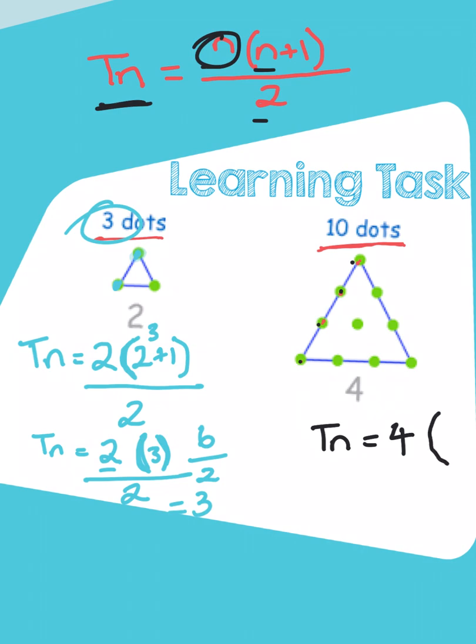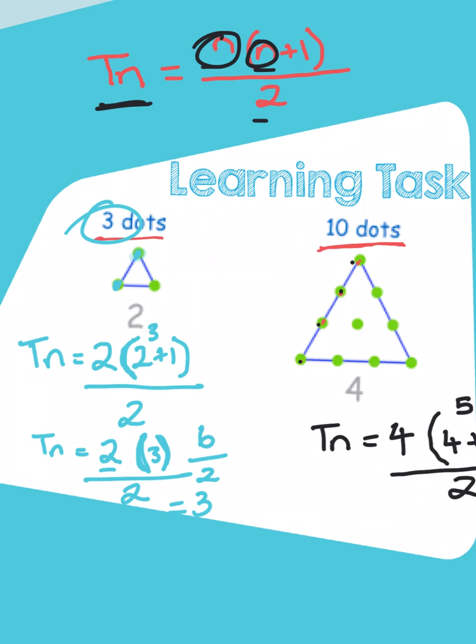Open bracket, then it's 4, because I'm substituting the n with the amount of dots on the side, plus 1, over 2. So 4 plus 1 is 5. Now I've got to do my next level.